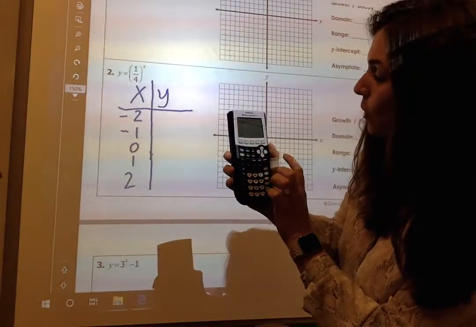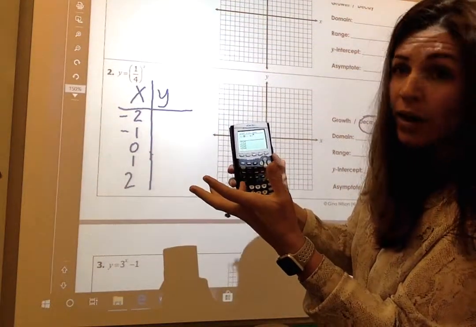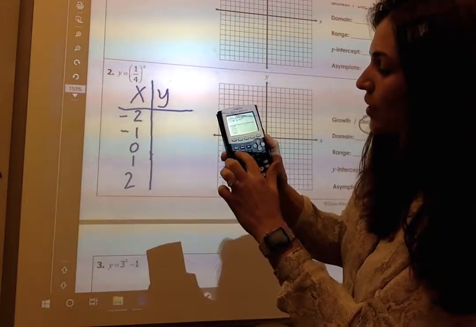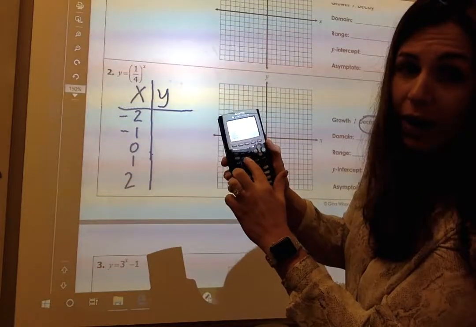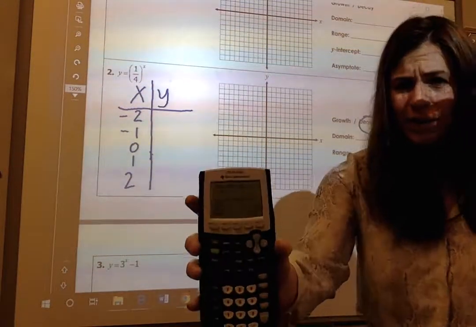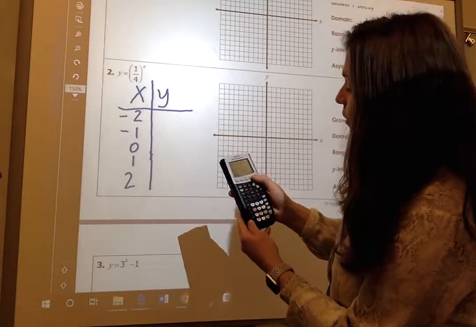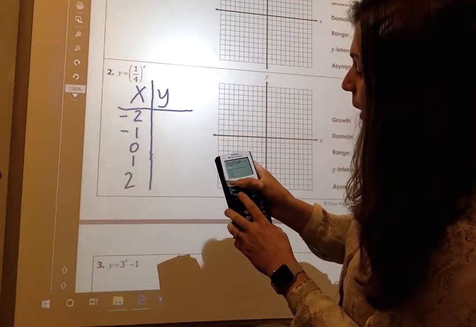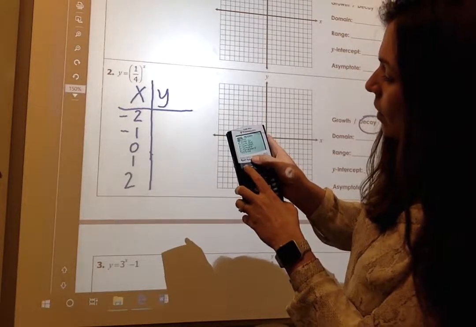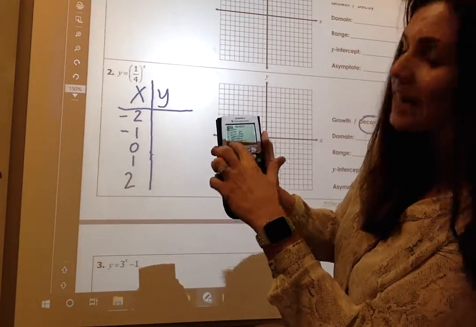Notice it pops up that exponent, so I'm going to write in there x, my variable x, which is to the right of the green key. And then I'm going to go to window. No, I'm not. I'm going to go to zoom. Sorry, I'm going to go to zoom, and I just want to see a standard window.